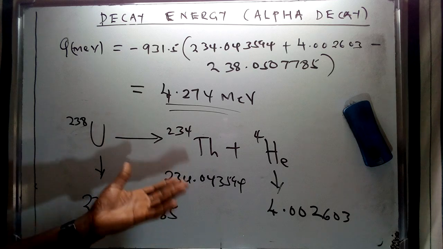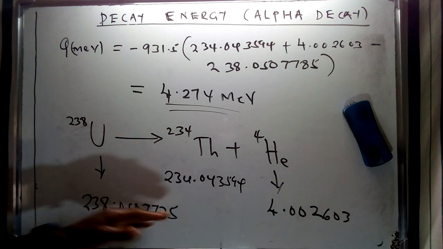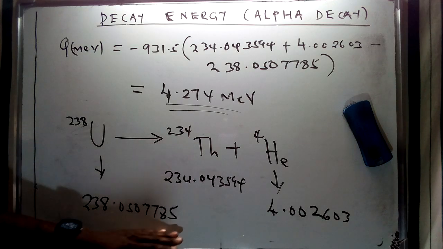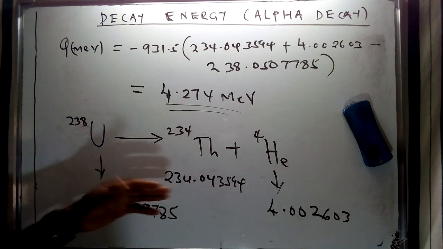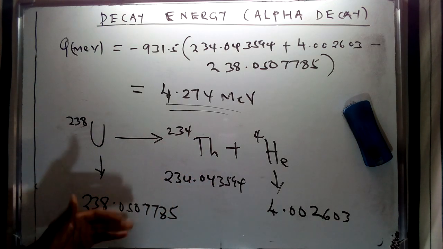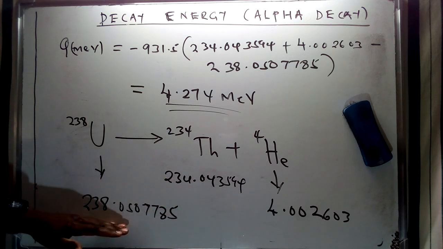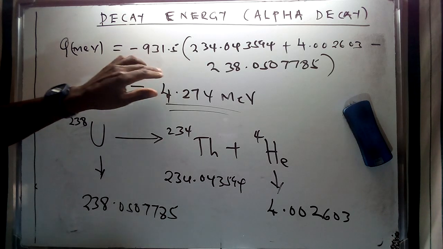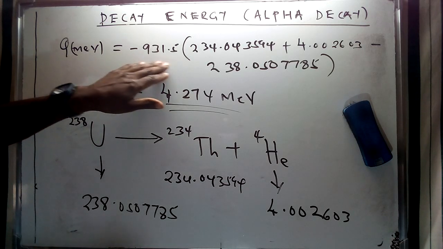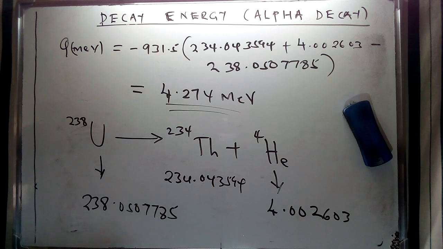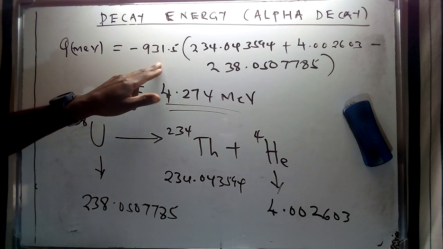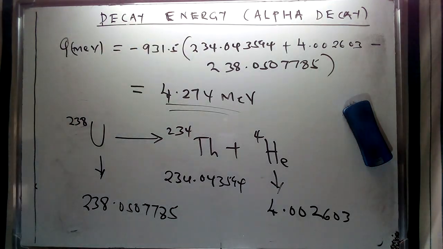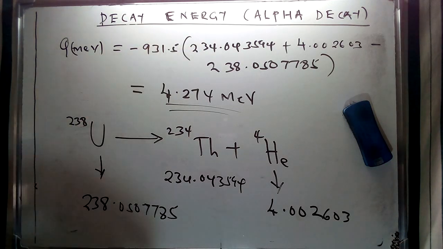So therefore, we consider the change in mass that occurs between the product and the reactant, which we can compare to a normal chemical reaction. We find the difference in terms of mass, and for one atomic mass unit in mega electron volts, from Einstein's energy-mass relationship, this gives us what we refer to as the Q value of this specific decay process that we call alpha.